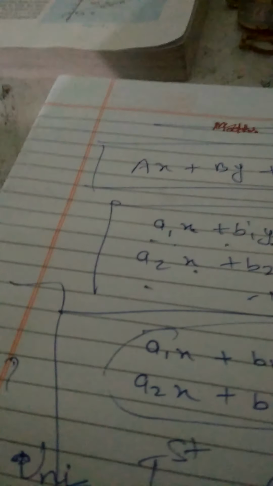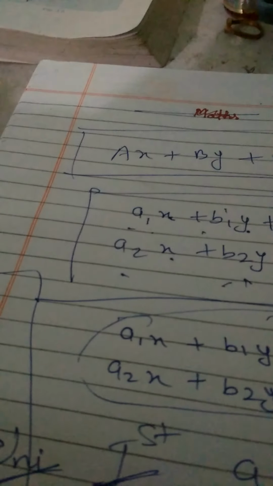Now I explain the second condition. When we find a1 upon a2 and b1 upon b2, we see the same value. That means a1 upon a2 equal to b1 upon b2.